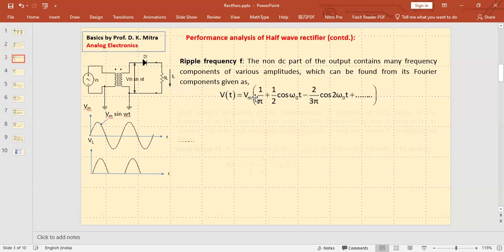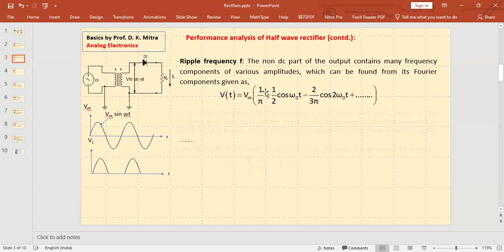I have avoided showing you the Fourier analysis here, because then it becomes a mathematics class, right? So this half-wave form, its Fourier transform is like this.